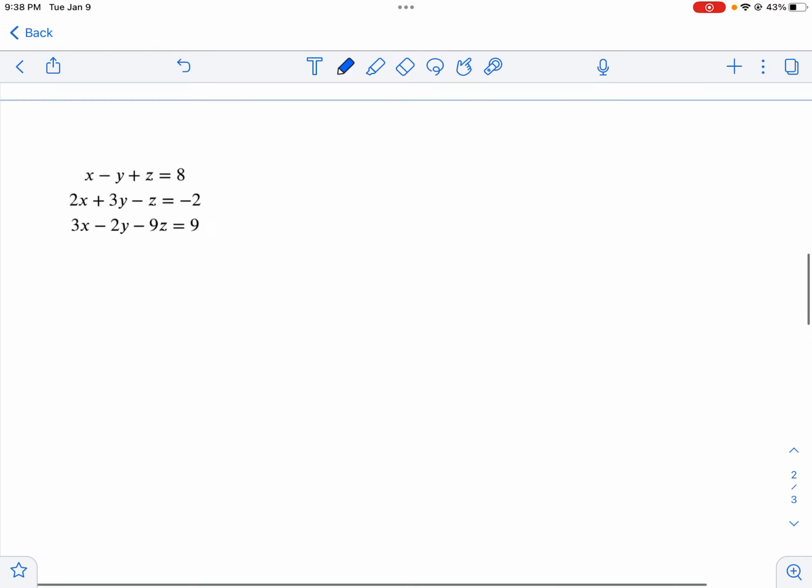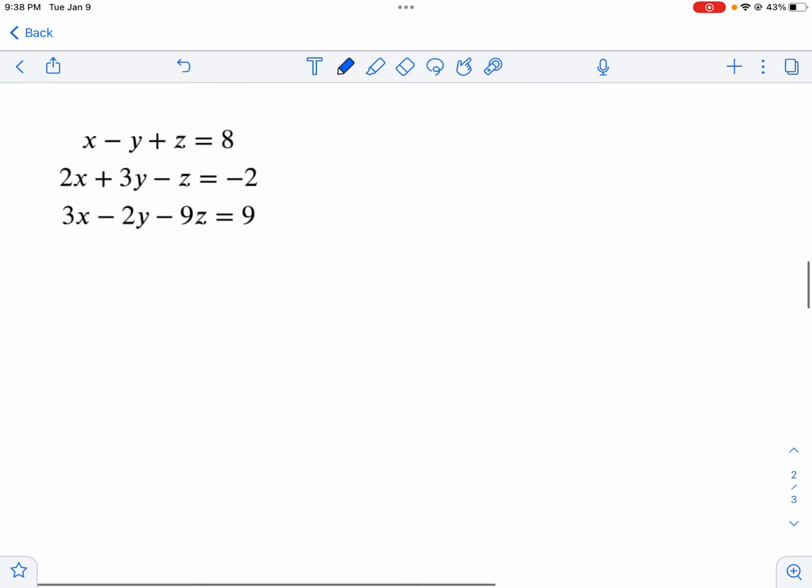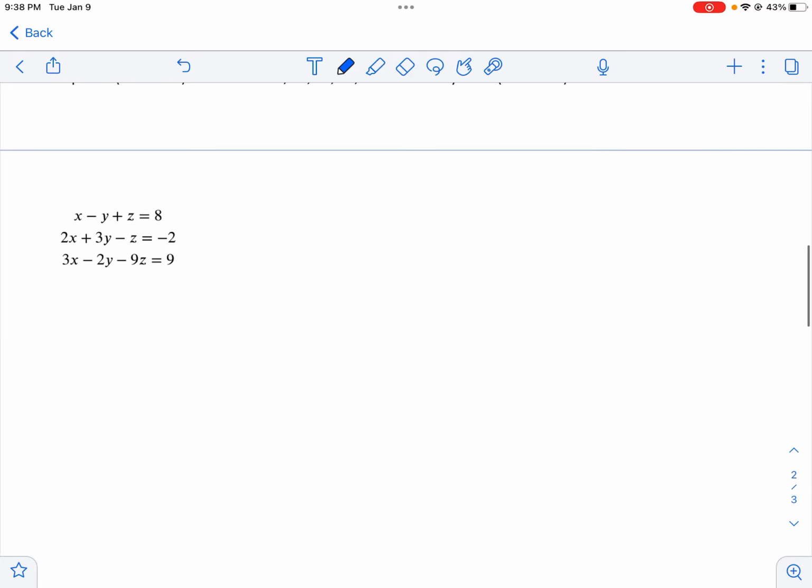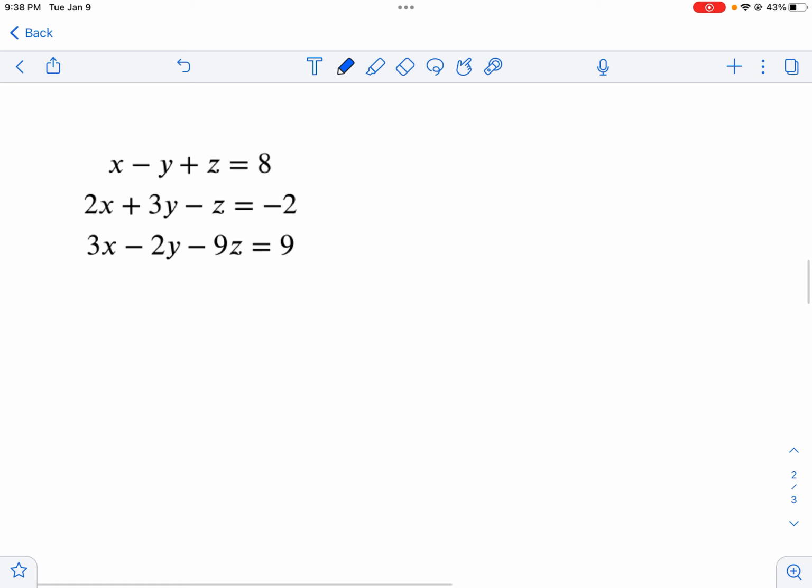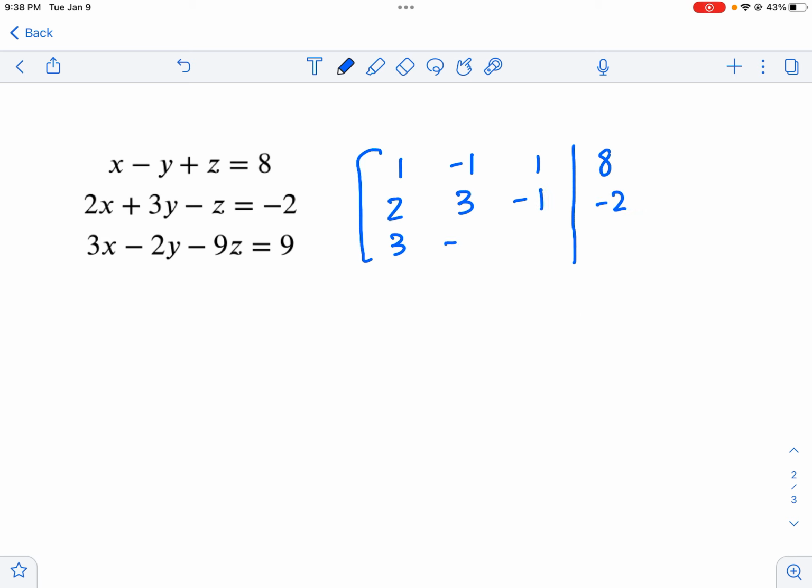So this one has 3 variables, x, y, z. So I can rewrite this as 1, -1, 1, 8. 2, 3, -1, -2, 3, -2, -9, +9.